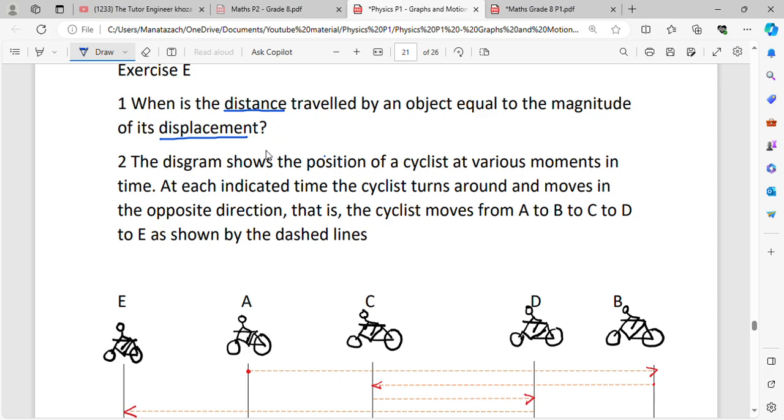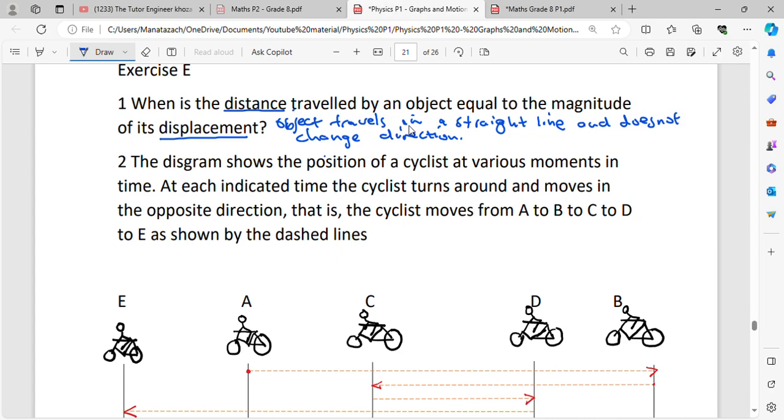They are only going to be the same when the object travels in a straight line and does not change direction. Okay, that is the answer to question 1.